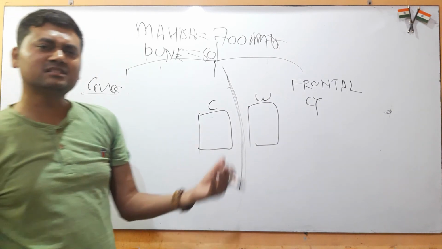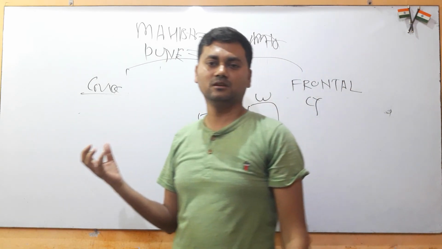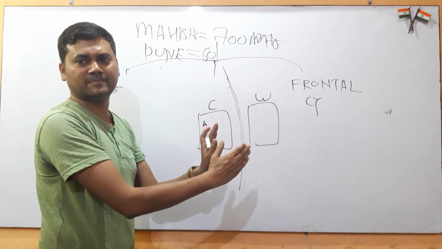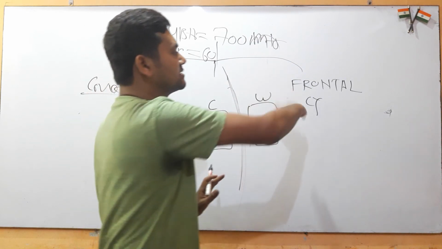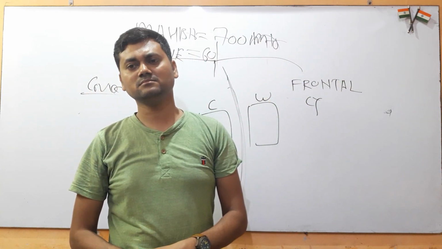It is like a breeze, a very light rainfall. So the rainfall that happens because of front formation is known as frontal rainfall.